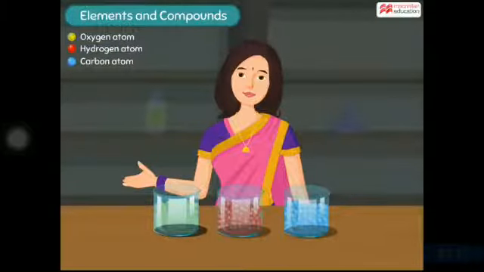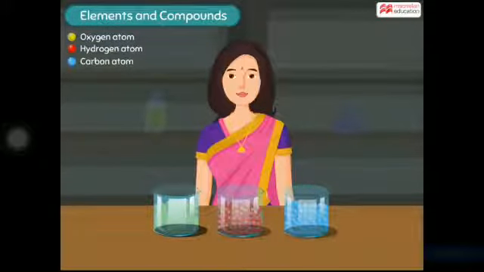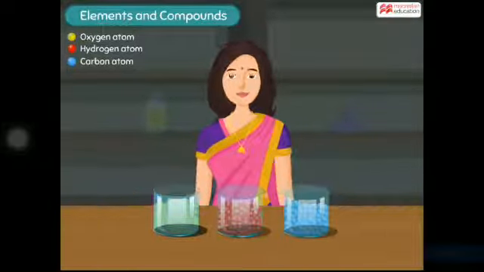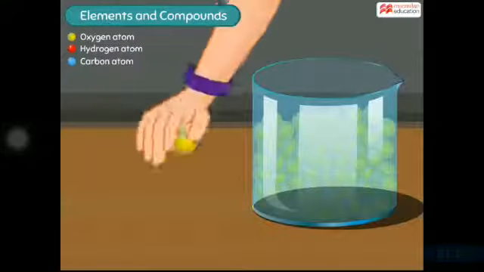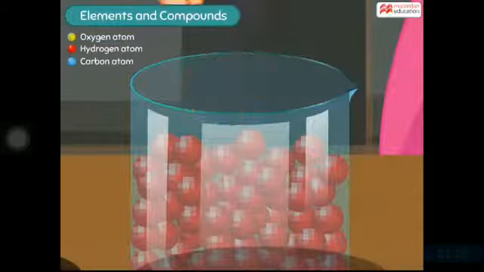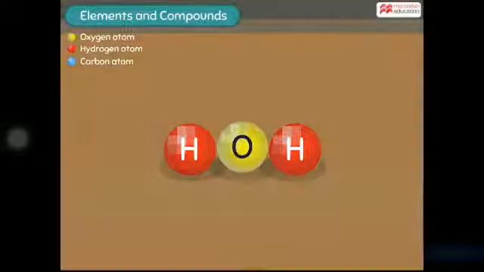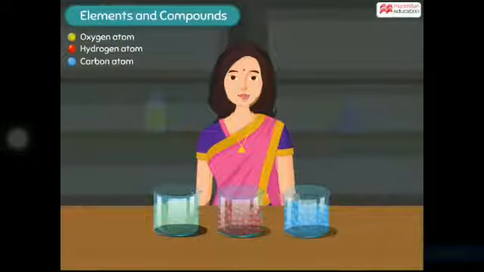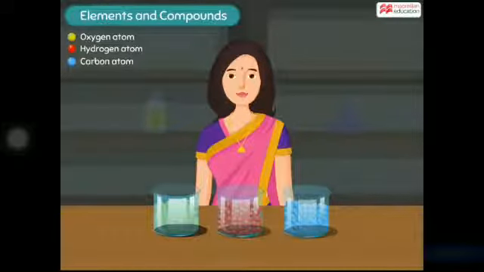Now, the water molecule. One water molecule is made up of two hydrogen atoms and one oxygen atom. So we need one yellow bead and two red beads to make one water molecule. This seems interesting. Let us continue to make the carbon molecule and the carbon dioxide molecule.